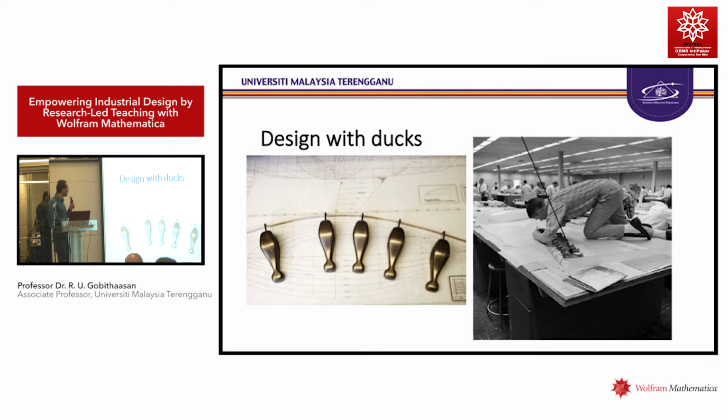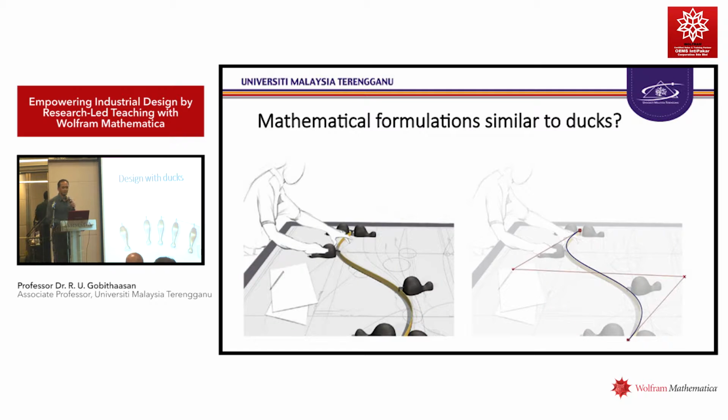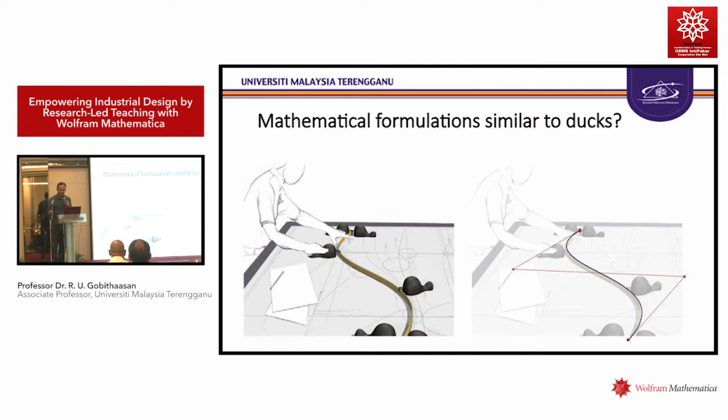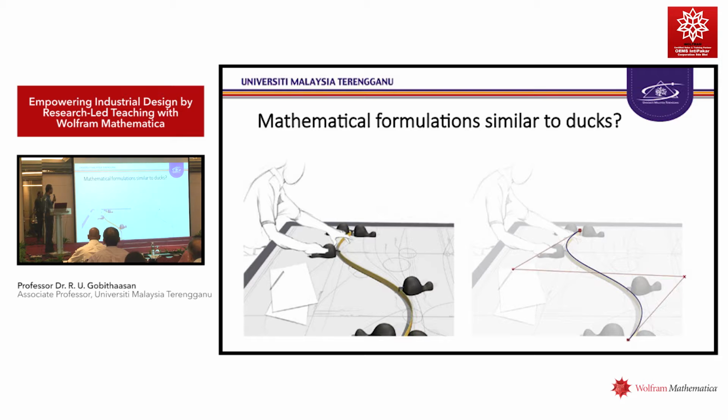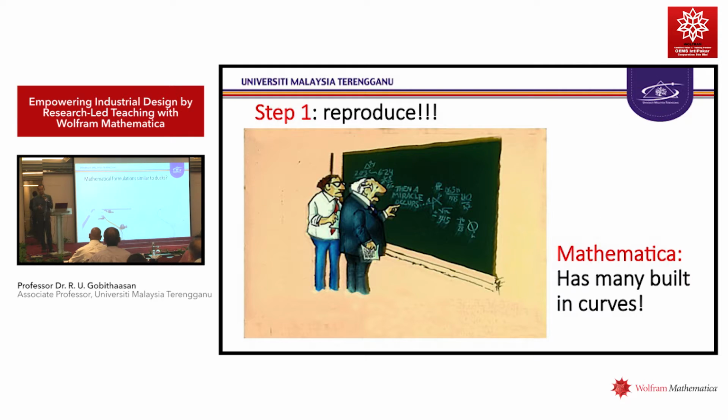You have to trace a curve. But now we have computing power, so we design with CAD systems. It's pretty much the same actually. Instead of ducks, now we use control points. We just pull and push the control points in such a way that we get different kinds of curves and surfaces, right?